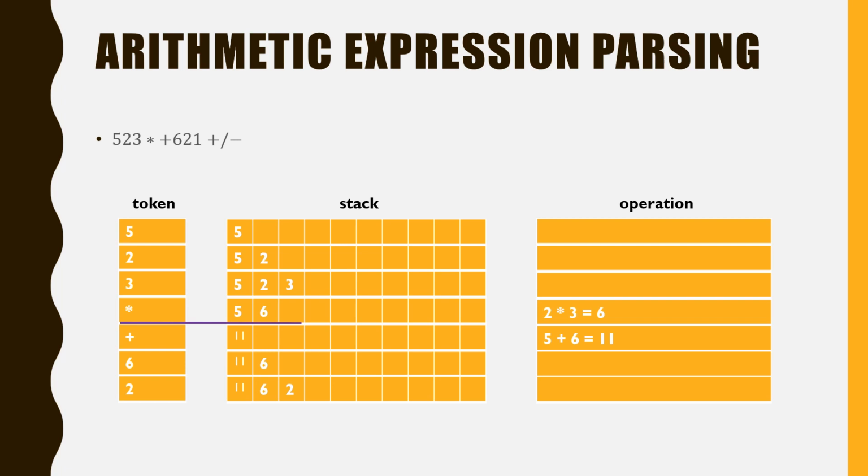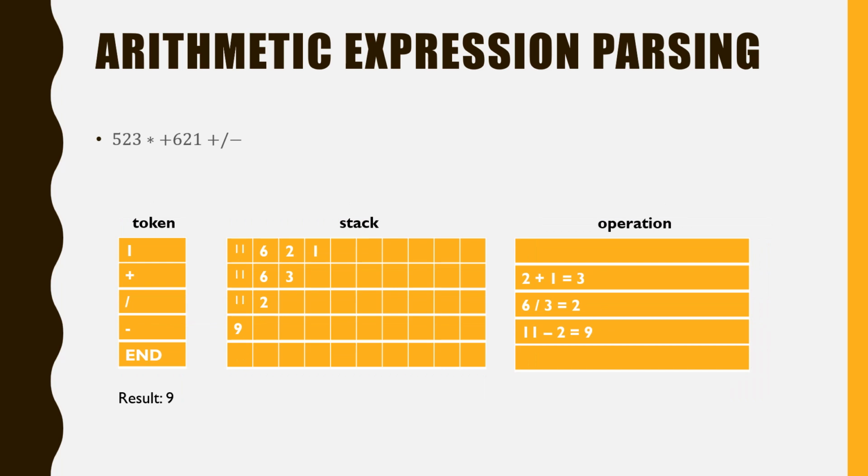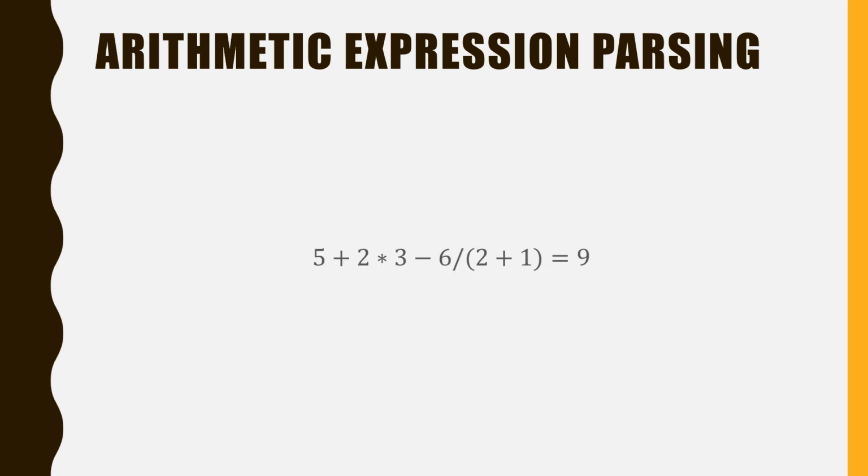We then push the result 6 back to the stack. We can proceed with the same process. After handling all tokens, the stack should contain only one operand. In our case, the operand is 9, which will be popped and used as the final result. And we can easily verify that the result is correct.